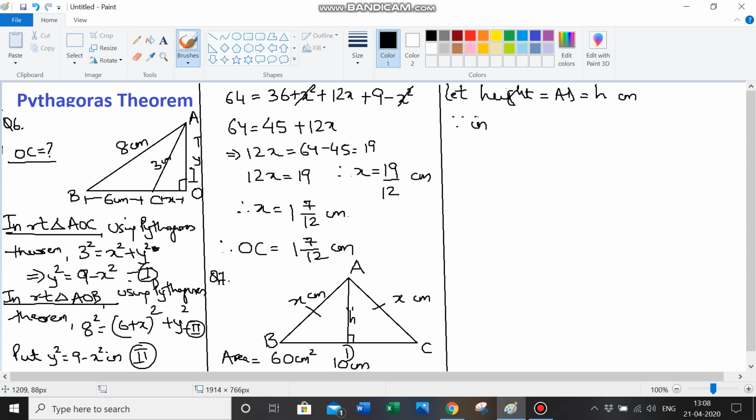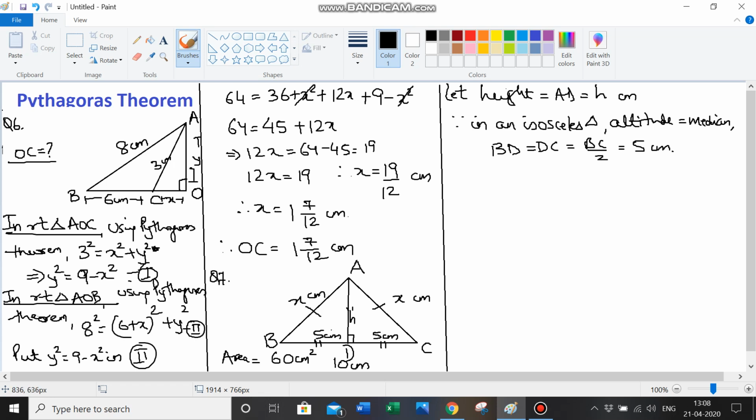Since in an isosceles triangle, altitude, which is also known as a height, is equal to median, which means BD is equal to DC is equal to BC upon 2 equal to 5 centimeter, which means BD and DC are equal, and they are equal to 5 centimeter.